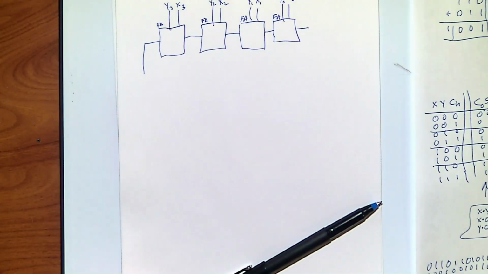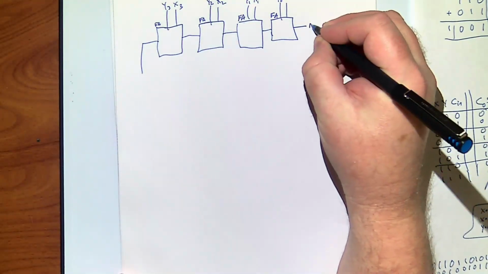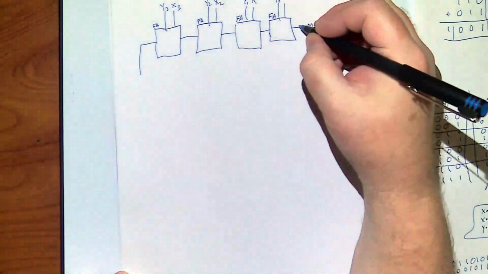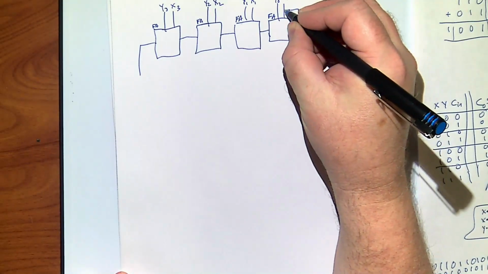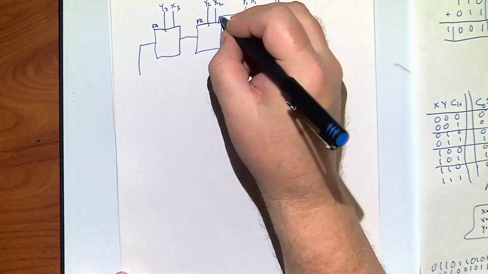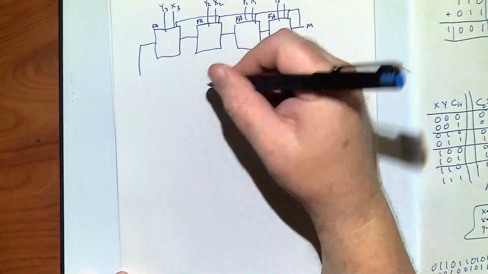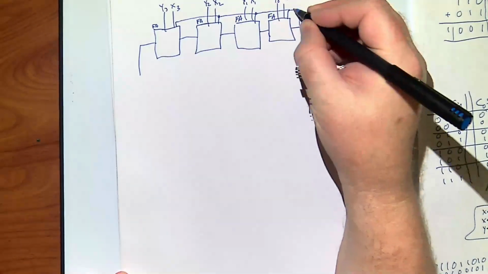The very first carry in, I have to give the mode bit. I'm just going to use M for mode. All of these are also going to have the mode bit coming in for this extra little position to do the add-subtract.